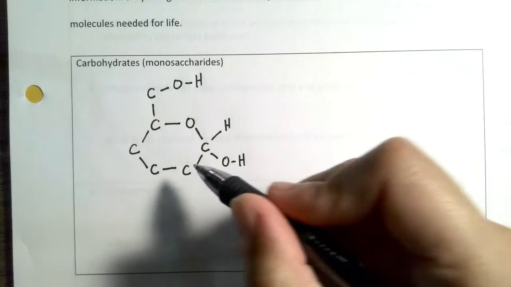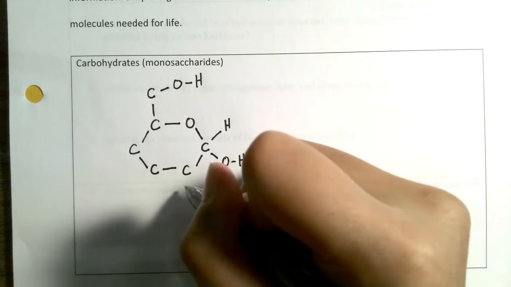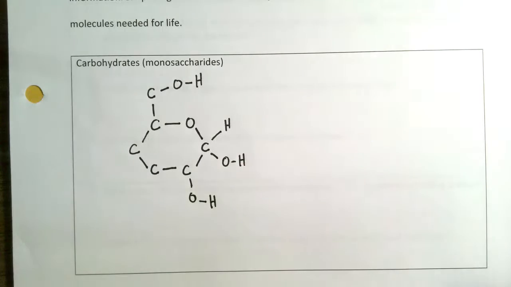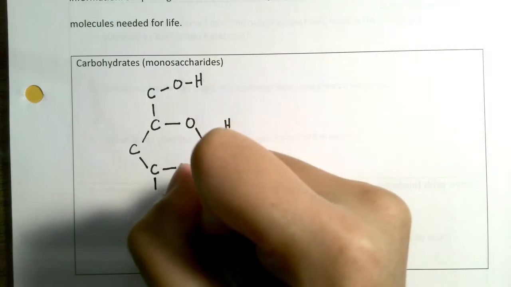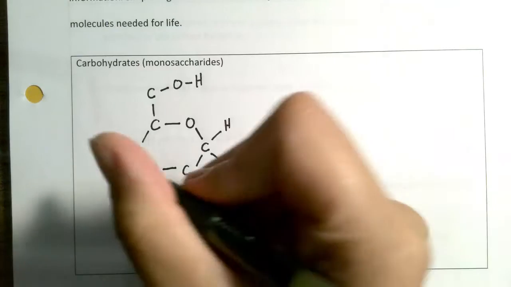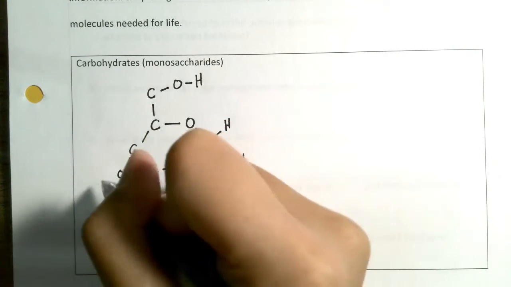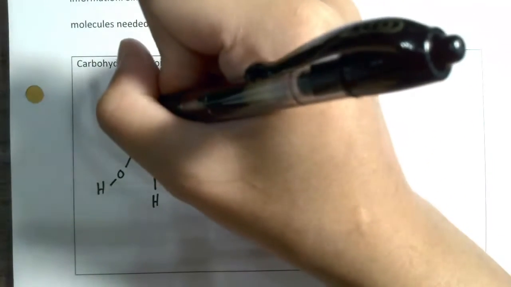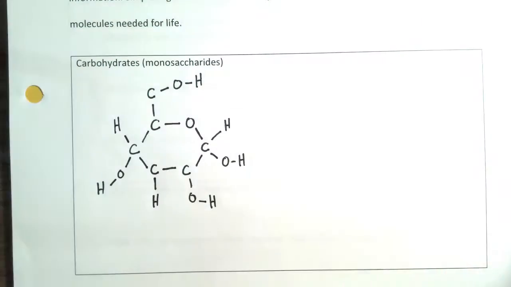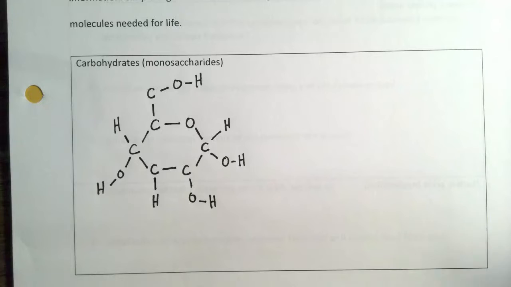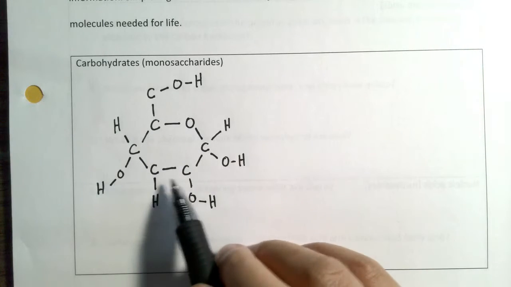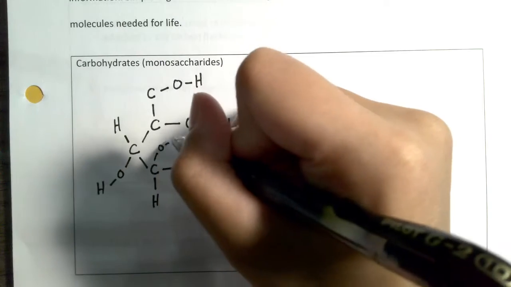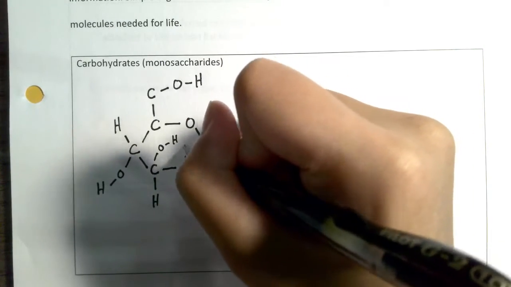This carbon at the bottom will do the same thing: oxygen and then H. This one is connected to an H. This carbon right here is connected to another OH, followed by another H. And then the last bit we're going to add will be for these 2 carbons. This one is also connected to another OH. This one is connected to an H.